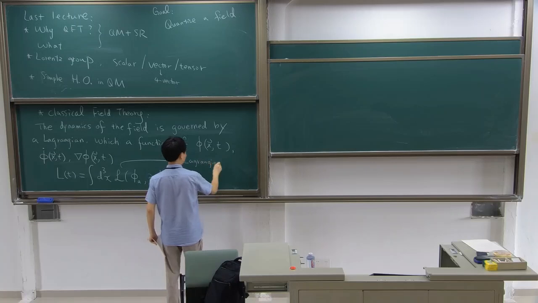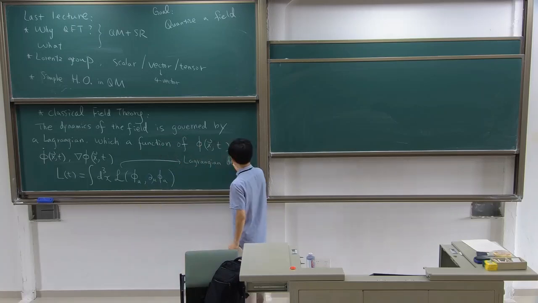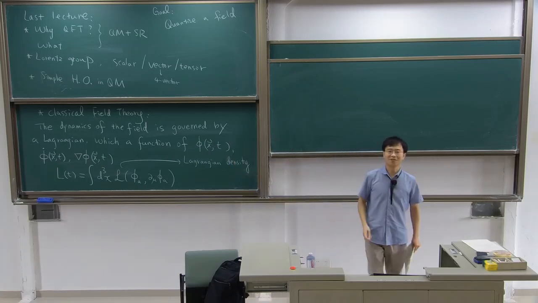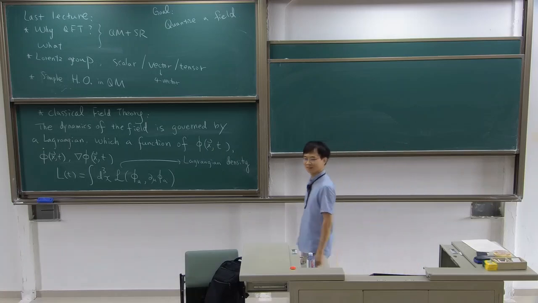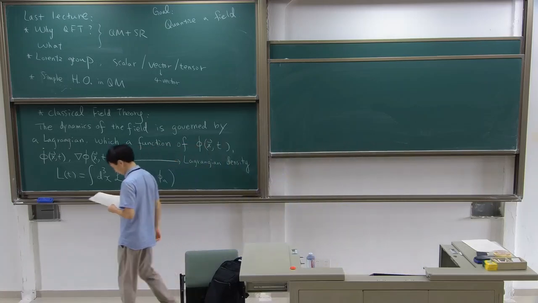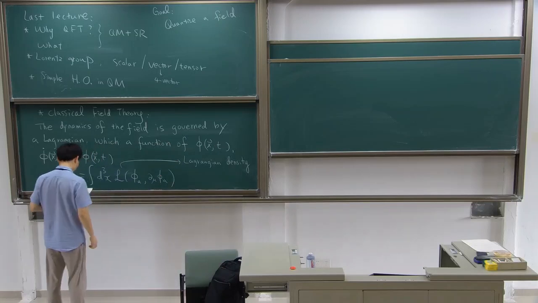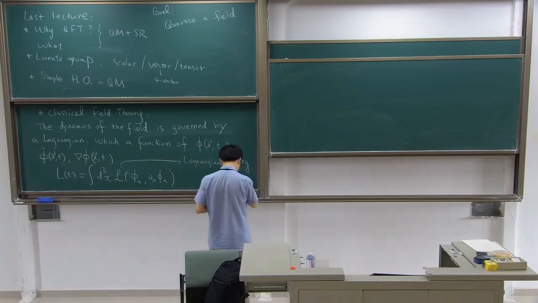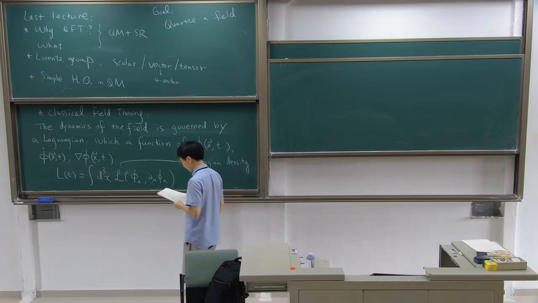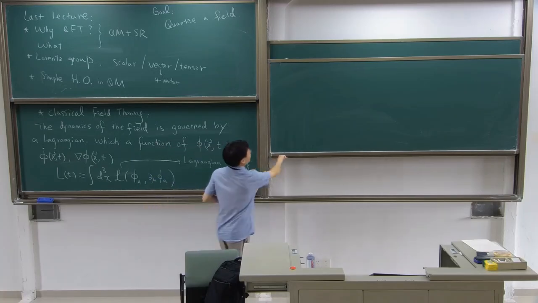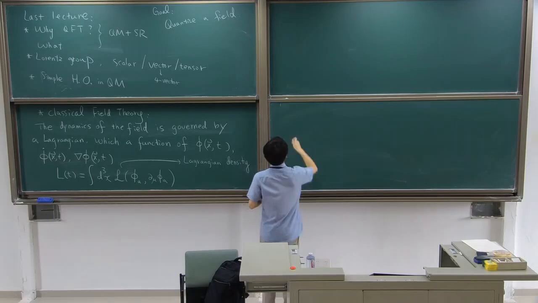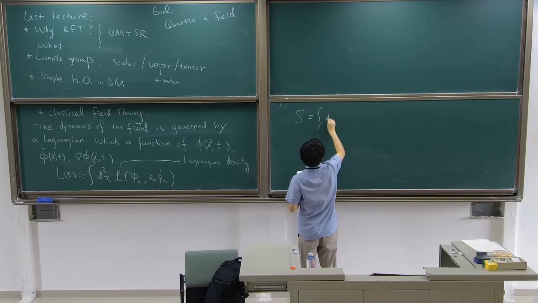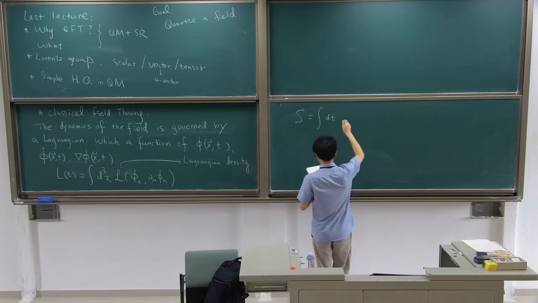You can see from many textbooks and literature, we basically don't distinguish the Lagrange density and the Lagrangian. Sometimes we just call this the Lagrangian. We also know from classical mechanics, the action will be the time integral over the Lagrangian.